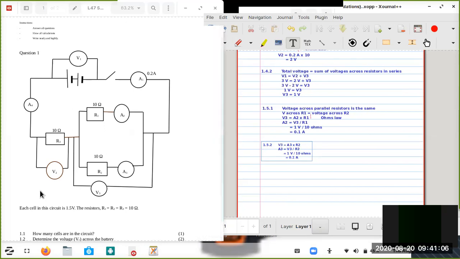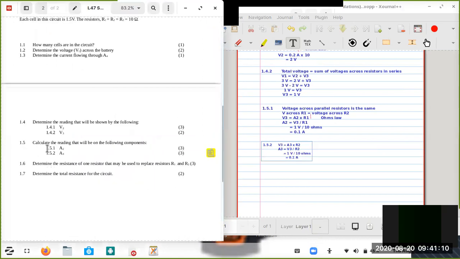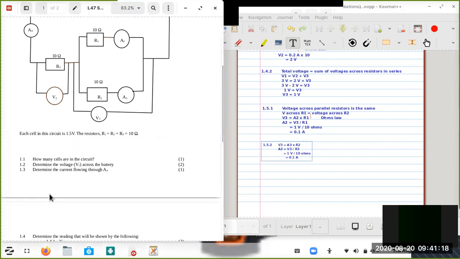Then we move on to 1.6. But before I move on to 1.6, if you check the current flowing through ammeter number 2 and ammeter number 3, you can see that the current is the same. Why is it the same?